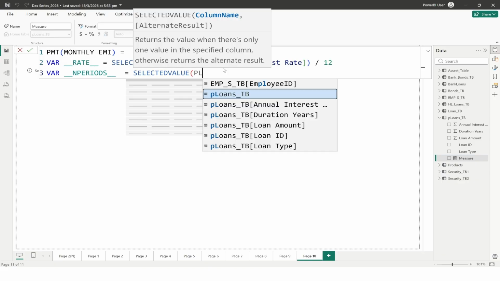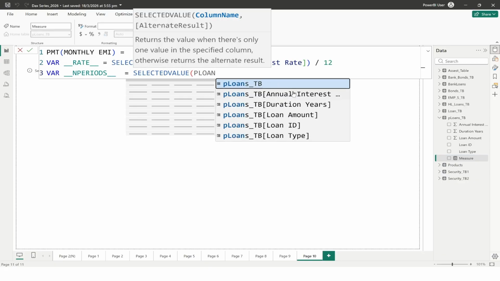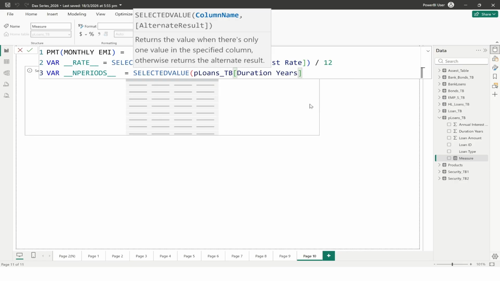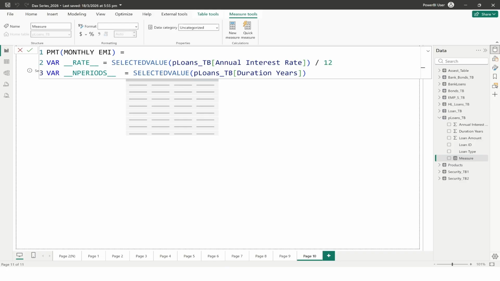From the P loans table you need to calculate duration. Now here if you see, duration is in the year, you need to convert it to months. How you can do that? You need to multiply with 12.